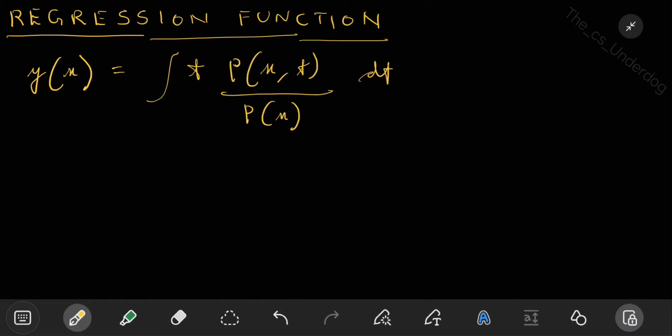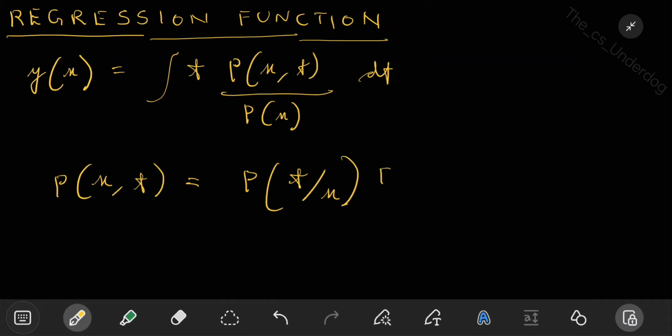The next step is to solve this thing. We have to remove this part. So what can we do for this? Can you connect anything with the product rule? Let us try to find it out. The product rule says, as we learned in the product rule lecture, that p of x t can be written as p of t given x into p of x.